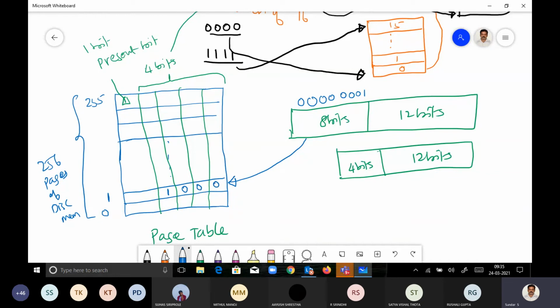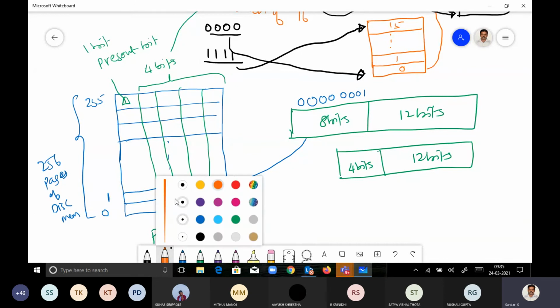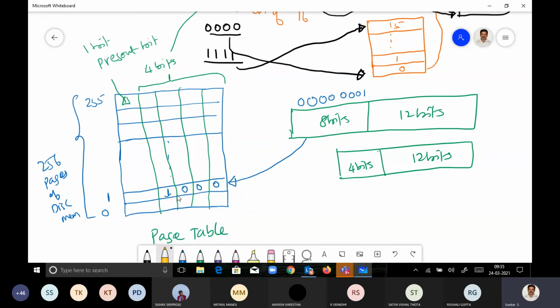Now what will happen? This information is copied here. Now this entry will become this one. Since something is valid, the present bit will be 1.